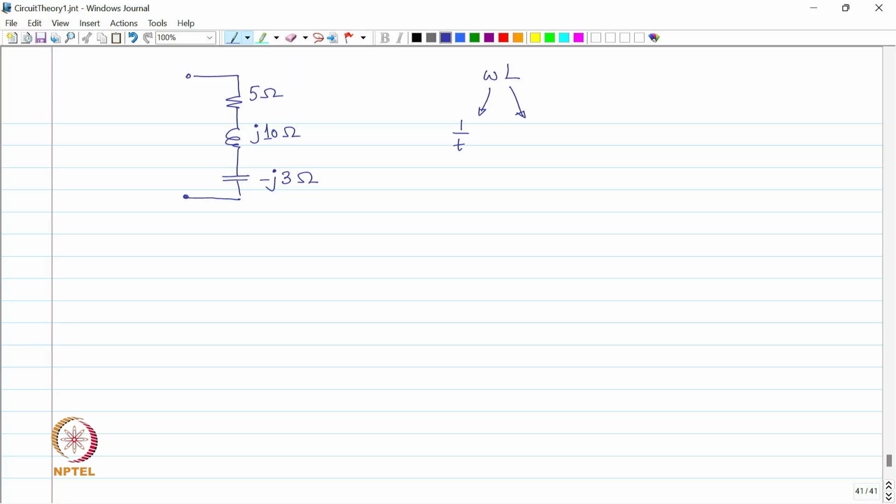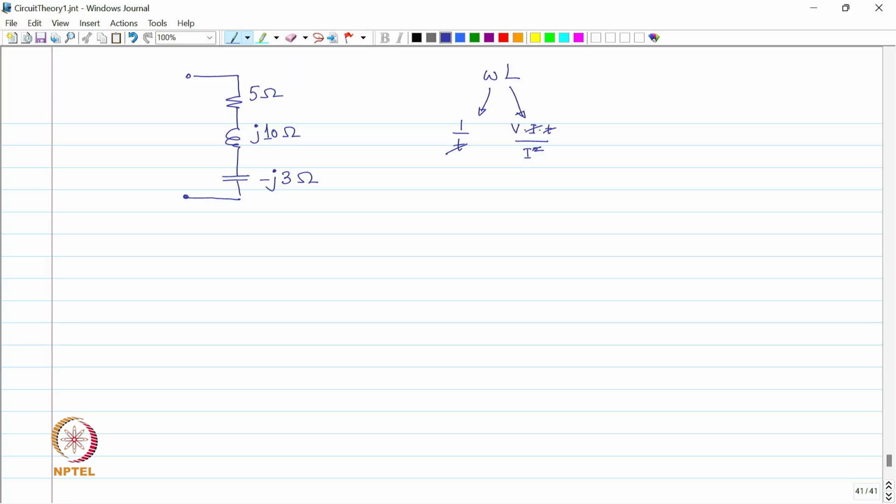And what on earth is energy? Voltage into current into time. Voltage into current into time is energy upon I squared. So, time cancels out, and I and I squared. So, you get V by I. So, you get ohms.